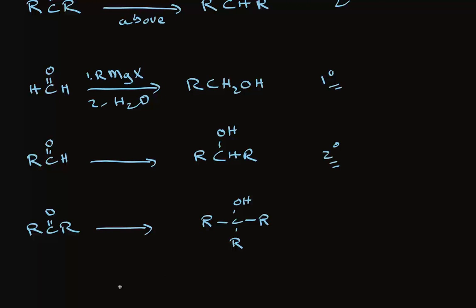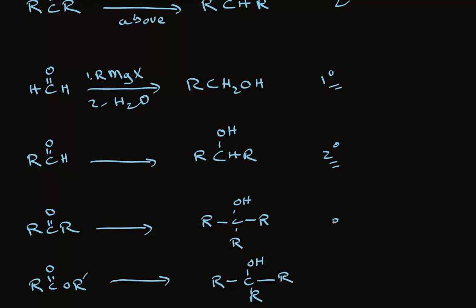And finally, there's a specialized case we learned where if you start with an ester, I write the prime there, that could be something different. Same conditions. We'll end up with a tertiary alcohol. That tertiary alcohol has added an alkyl group twice, and they are the same alkyl group.